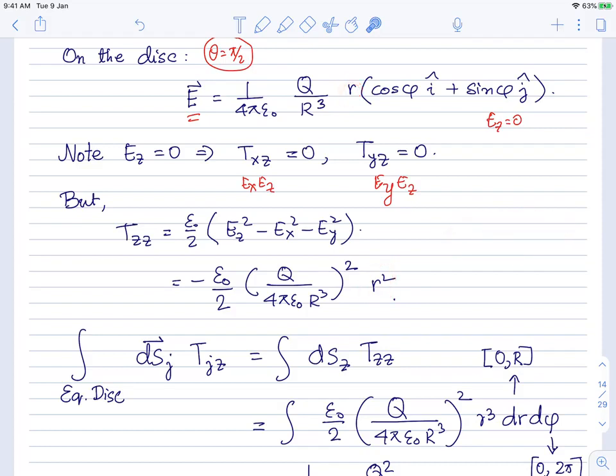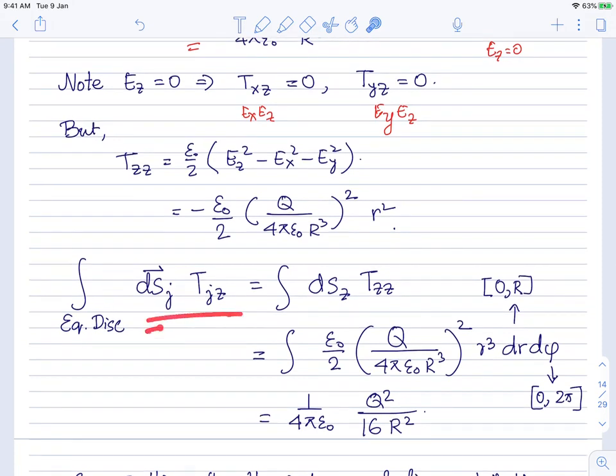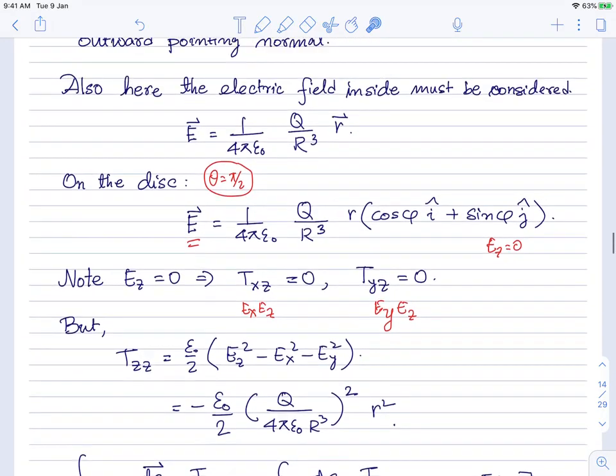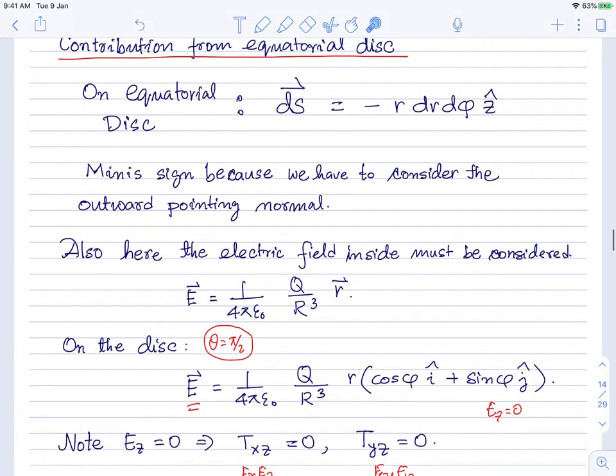So if this R square remains, now putting things together, the only component that is non-zero here is the Z component of the area element and the TZZ, which we just evaluated. What is the Z component of the area element given by? We have evaluated it here.